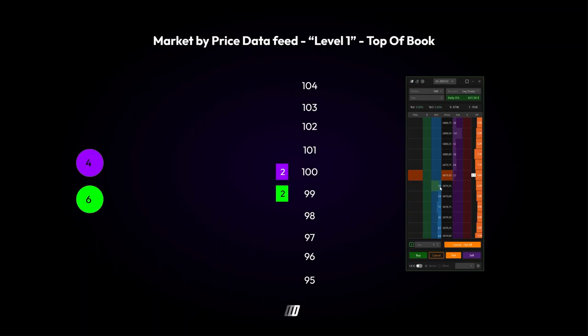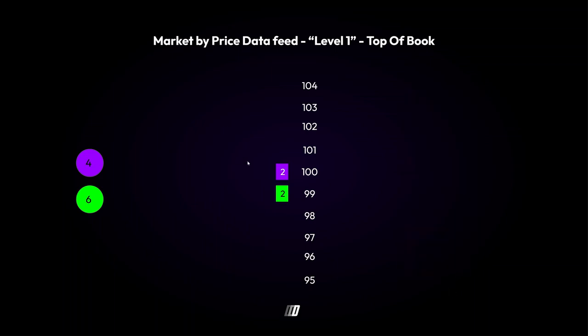I have 23 and 29, right? Only the first two. So you're going to see the total amount per level of price. Market by price. Same with the orders. You're going to see all of the orders coming inside. That's all the data you get.